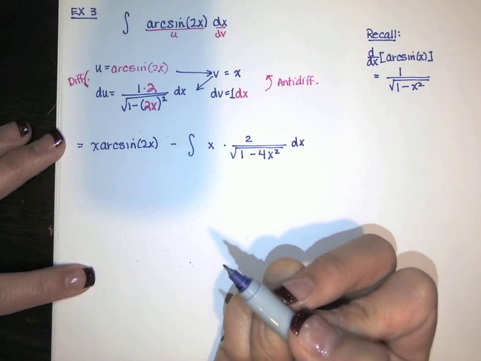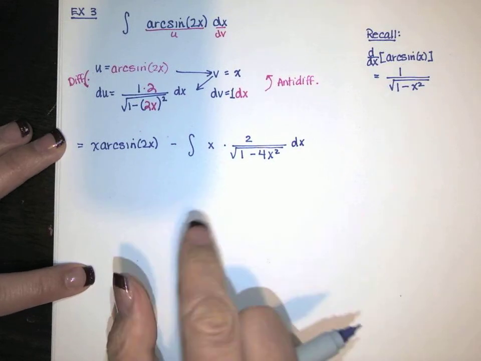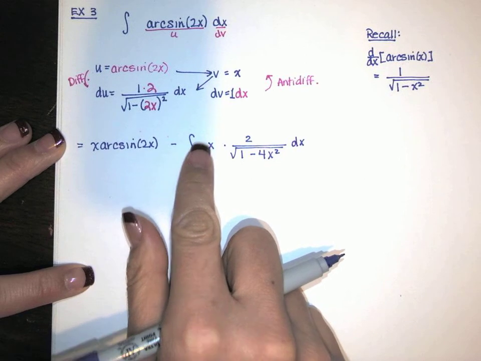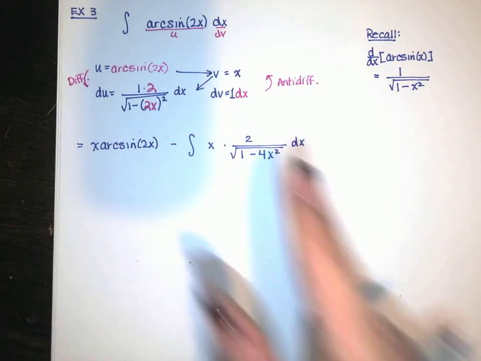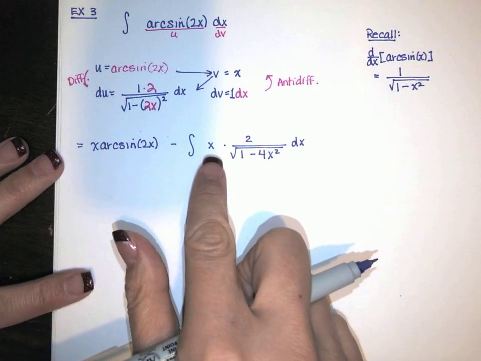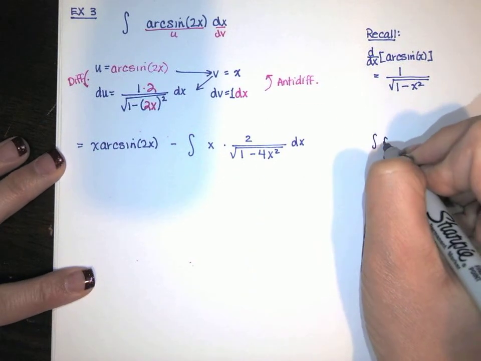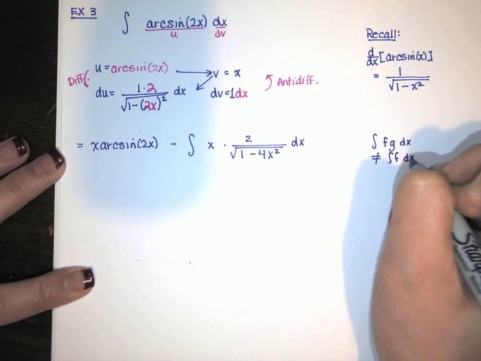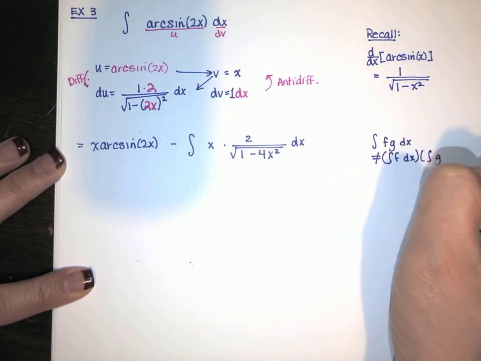Now again, you might be very tempted to make that an arc sine and that an x squared over 2. You might want to just integrate both of those separately and multiply them together. That's not how it works. You can't do that. The integral of f times g is not equal to the integral of f times the integral of g.